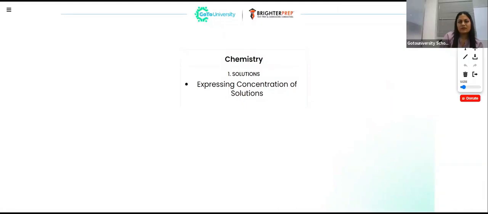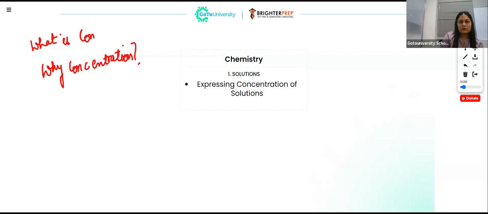So let us discuss first here why concentration is important. Why should we study about concentration, or what is concentration? Concentration is the amount of solute added to the solvent.